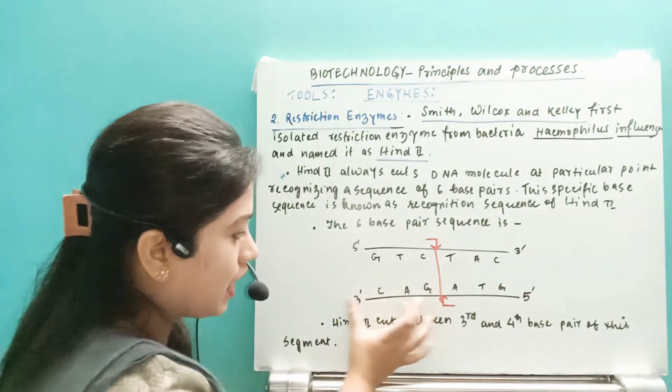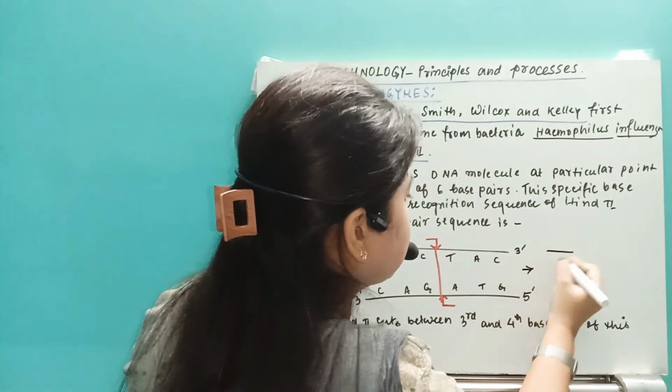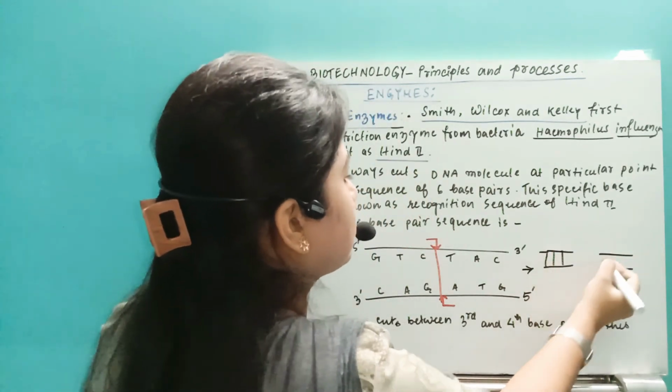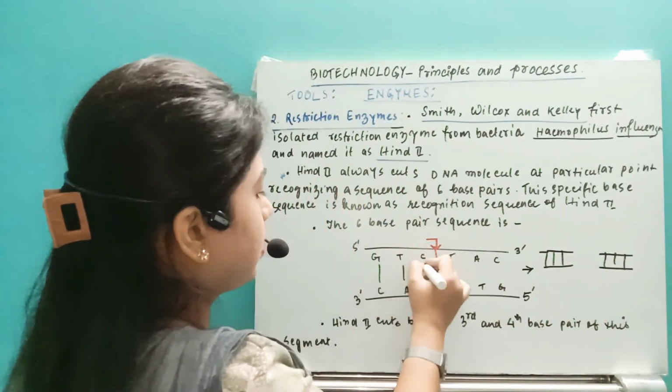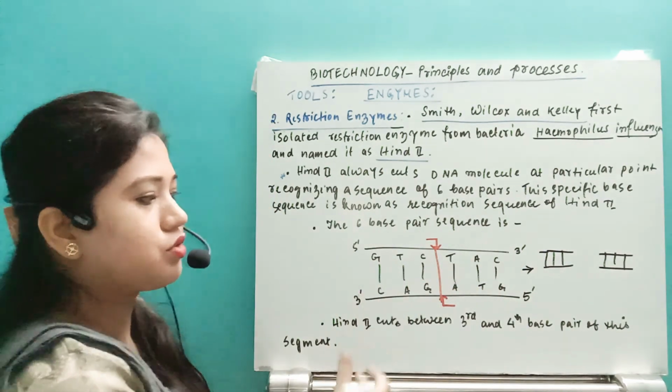So we'll get 3 bases in one segment and 3 bases in the other segment. And of course in between them the hydrogen bond is there, and the hydrogen bond is not single.